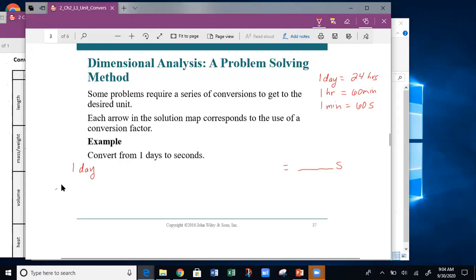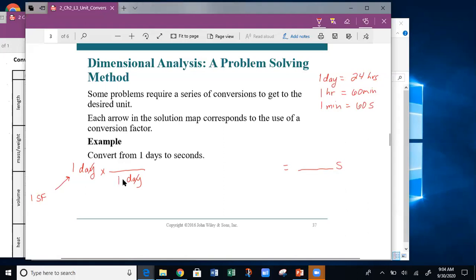One thing that I want to point out is my 1 day has one significant figure, which we're going to need to keep in mind when we express our final answer. So setting up my first conversion factor, I know that I need to have days in the bottom because I need unit cancellation.